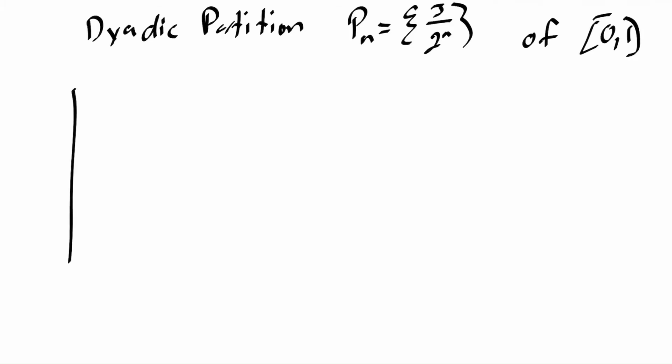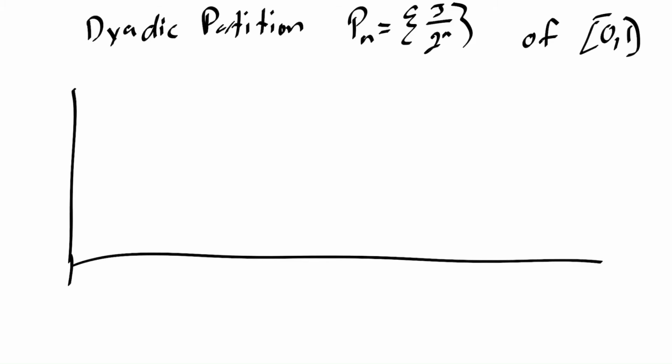It's a partition of 0, 1, but we could generalize this to other regions if we want. What does the dyadic partition look like? Well, this would be the n equals 0 opportunity, which is 0 and 1. If I go to n equals 1, we include a half in it. So we would have 0, a half, and 1.